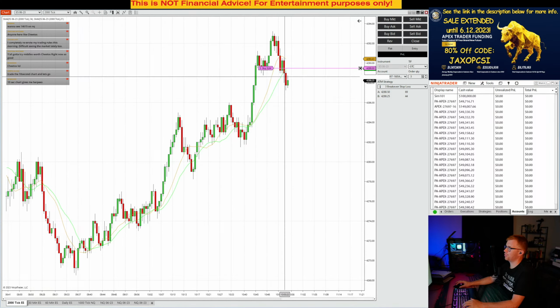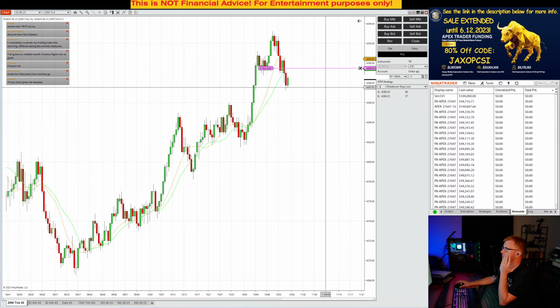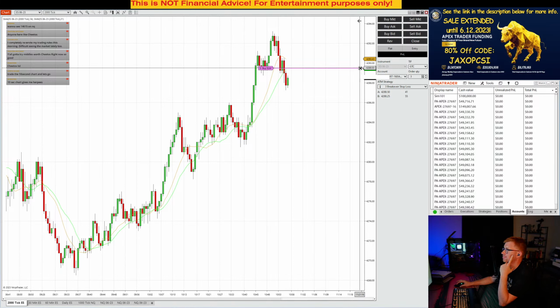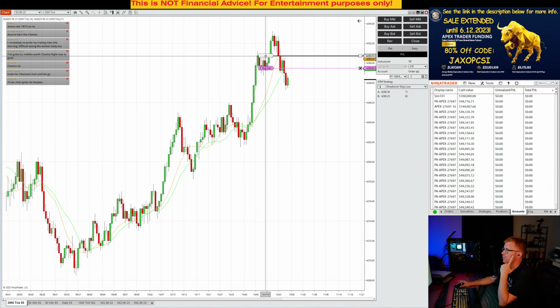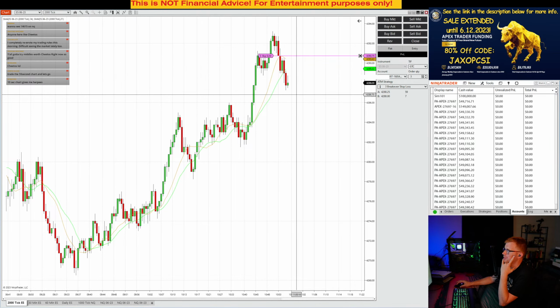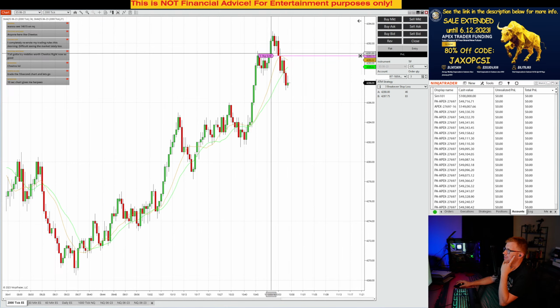A little safer entry would be right here. But I hate this entry because, first of all, where's my stop loss? And second, we're right here at the new highs.